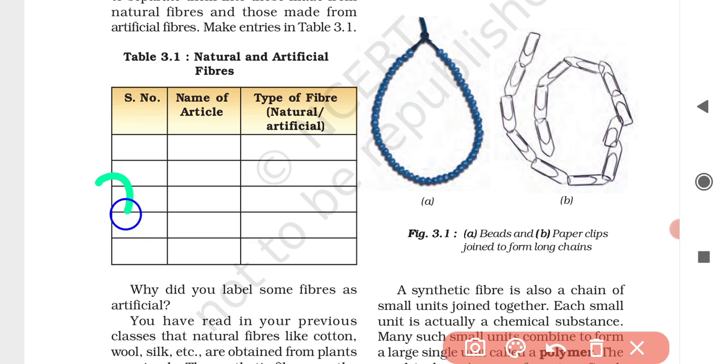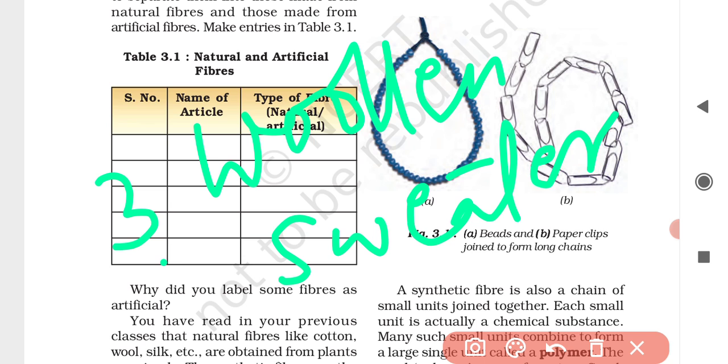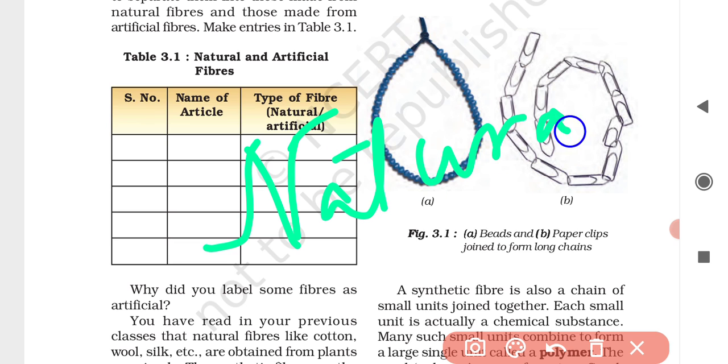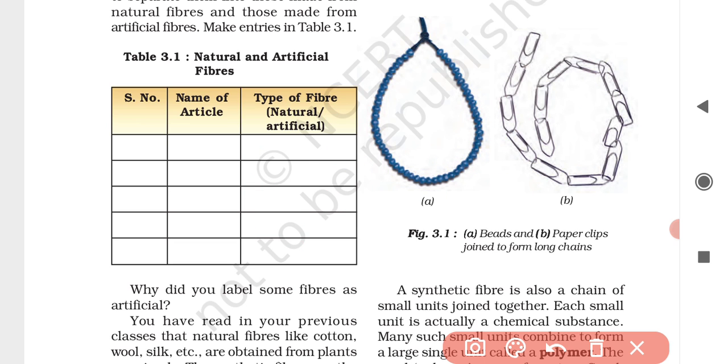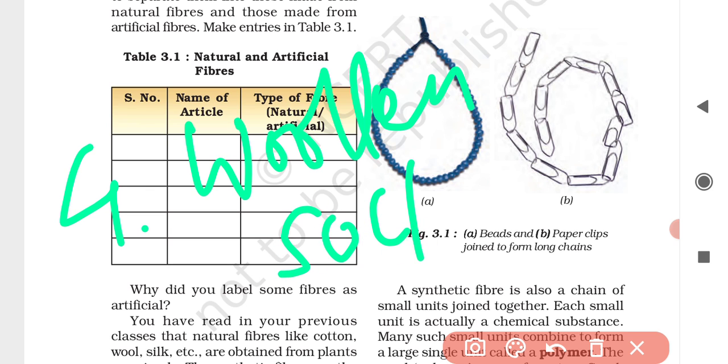Next, serial number 3, woolen sweater. Is it natural or artificial? Wool is a natural fiber. Clear? Then number 4, woolen socks. Wool is a natural fiber or artificial fiber?